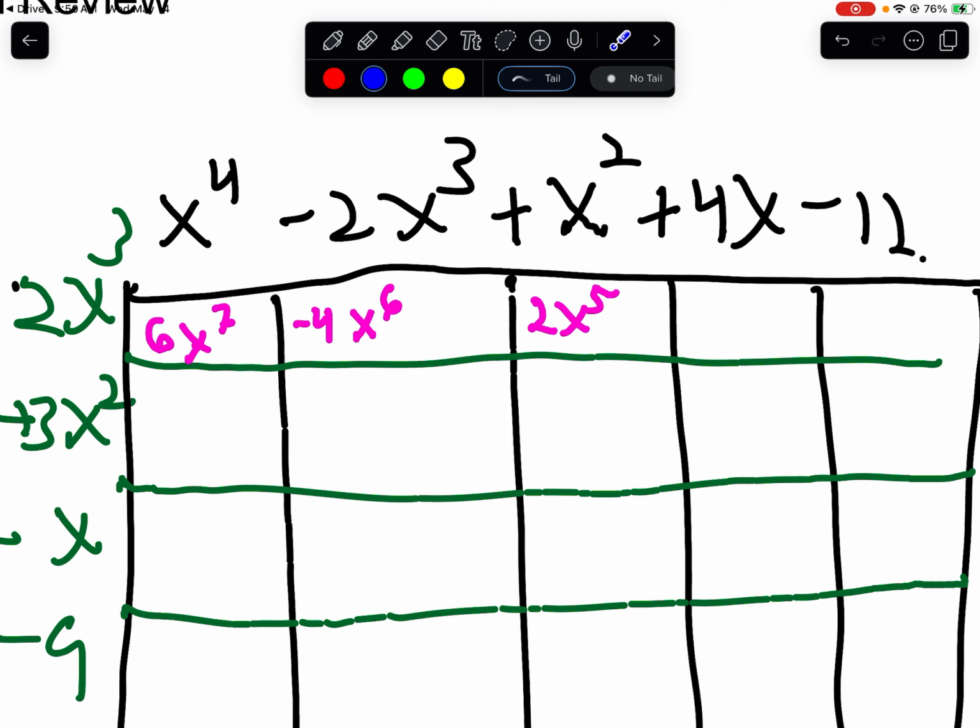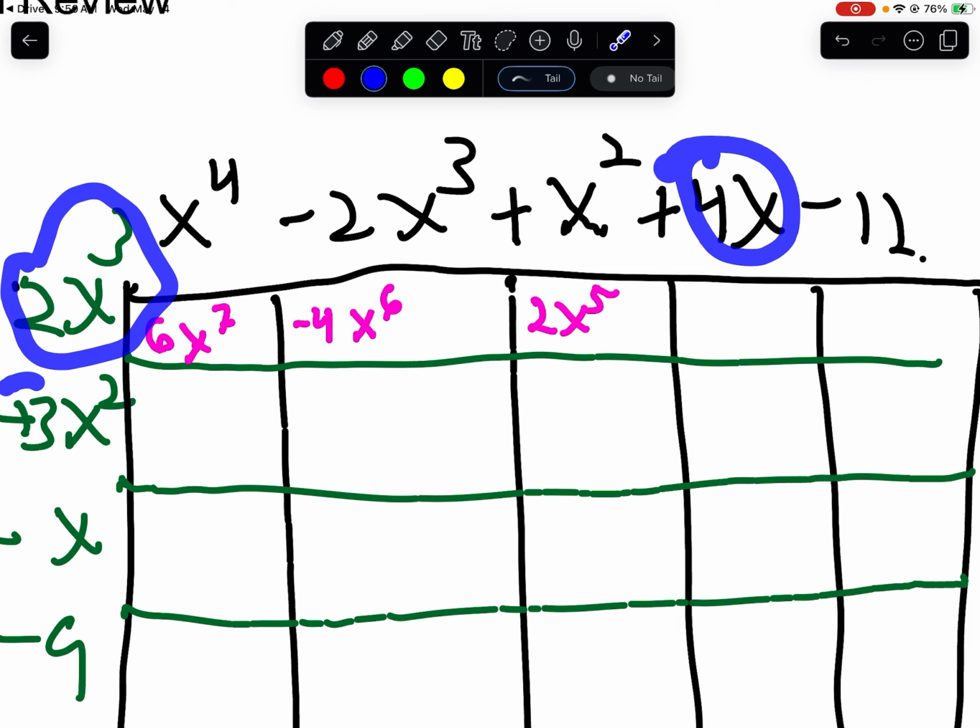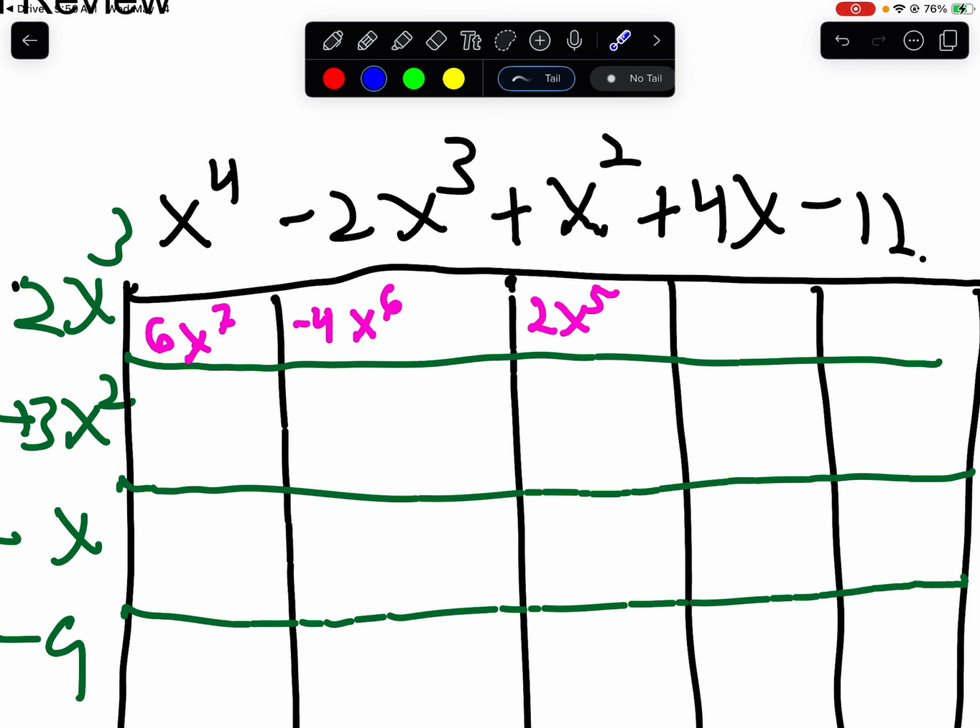Okay. So 2x cubed times 4x is 8x to the fourth power. And last, 2x to the third times negative 12 is a negative 24x to the third.